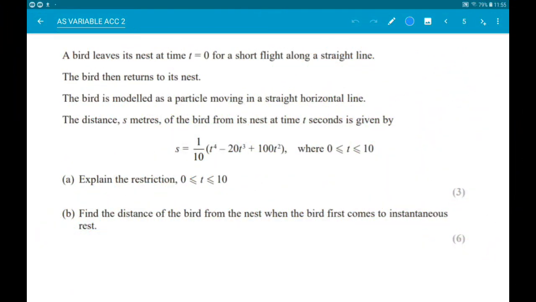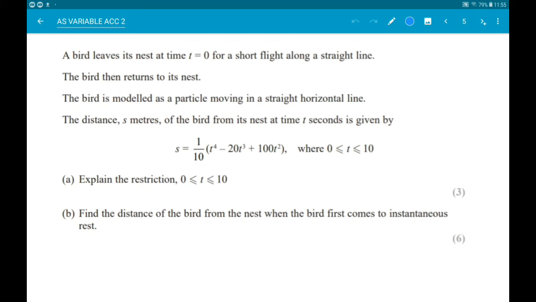Given question 2, a bird leaves its nest at time t equals 0 for a short flight in a straight line. The bird then returns to its nest. The bird is modelled as a particle moving in a straight horizontal line.